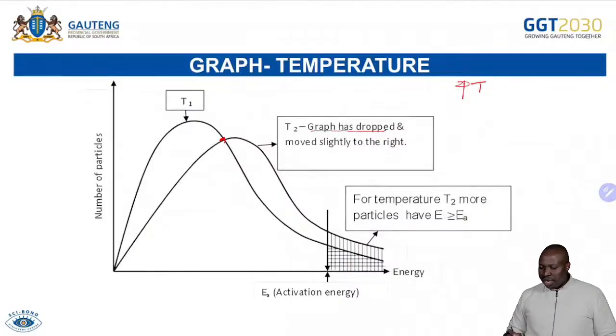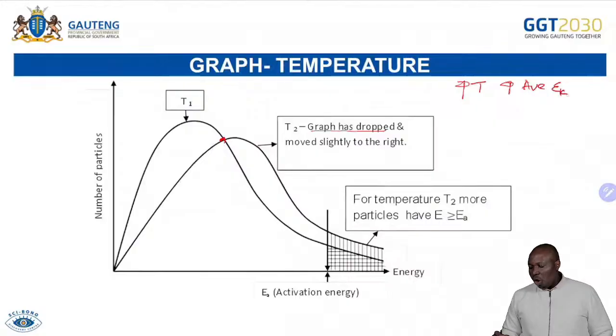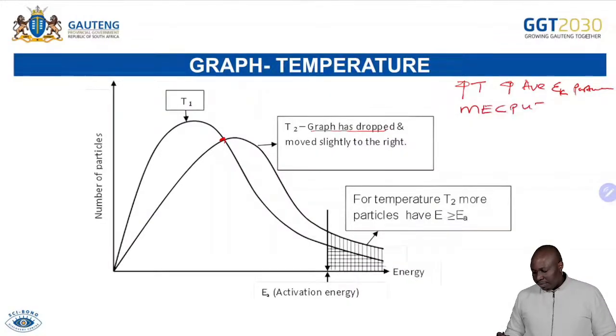And then what do we say when we are asked to use collision theory to explain the effect of increasing temperature? We're saying increasing temperature increases the average kinetic energy of particles. And when we do so, we're going to have more particles with more effective collision per unit time.